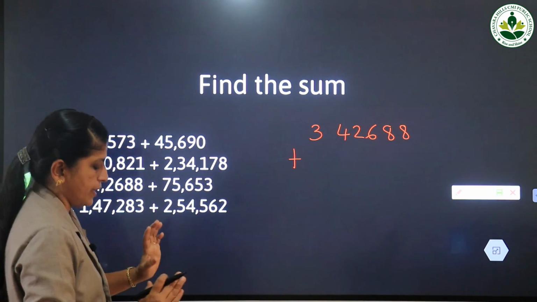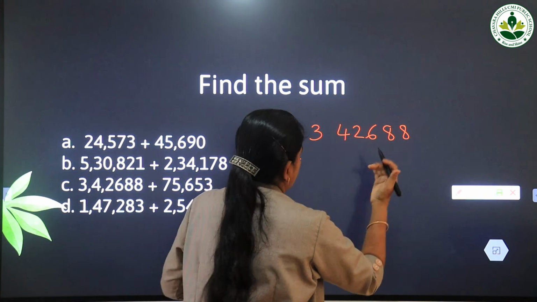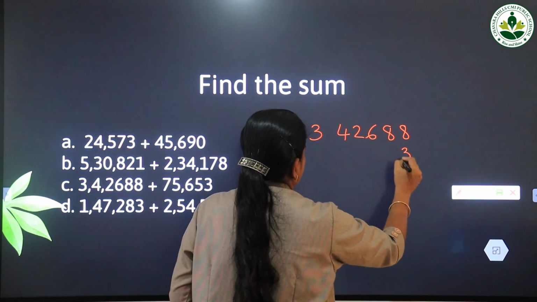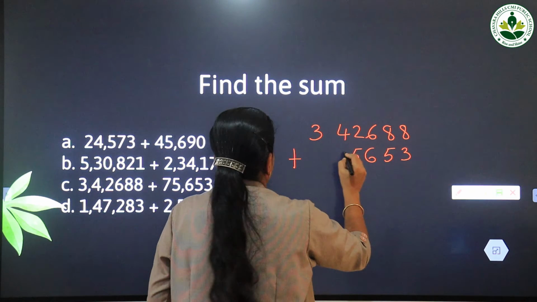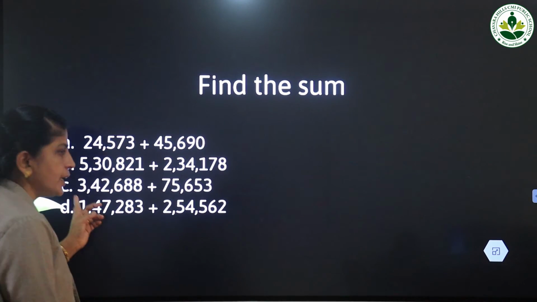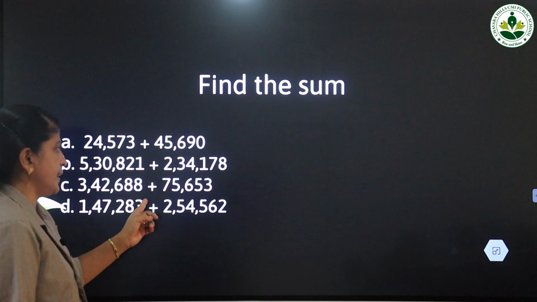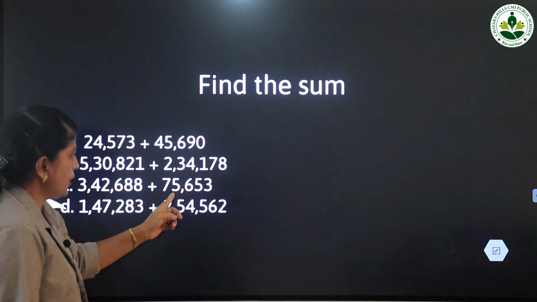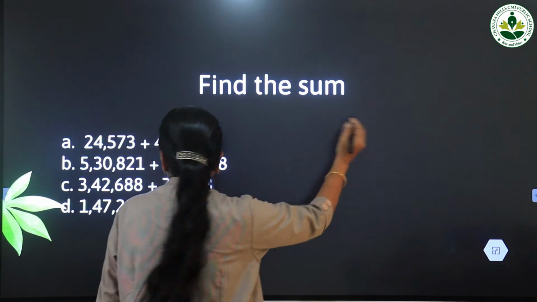Therefore, when we write the numbers, you start from the right side. 3, 5, 6, 5, 7. Then the third question is 3,42,688 plus 75,653.